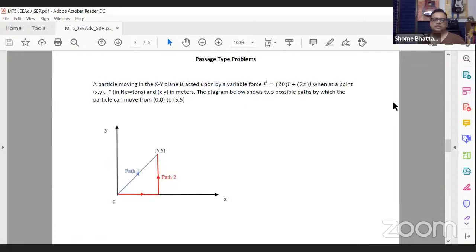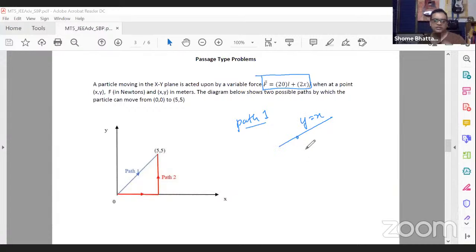So here you can see that the force is like this. Now the force is a variable force which has a constant x component. You can also see that path one is actually the straight line y is equal to x.